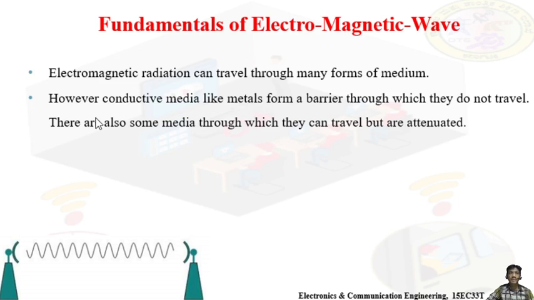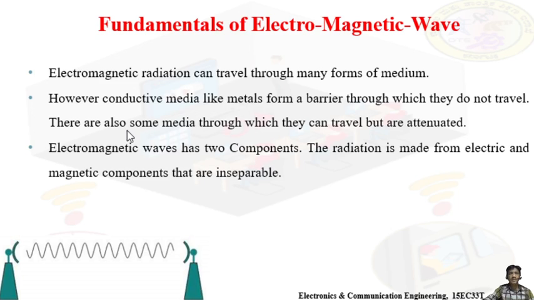If it is a conductive medium, the electromagnetic wave is unable to travel. But in some media, it will travel but be attenuated. Attenuated means the power level, voltage level, or current level will be reduced.